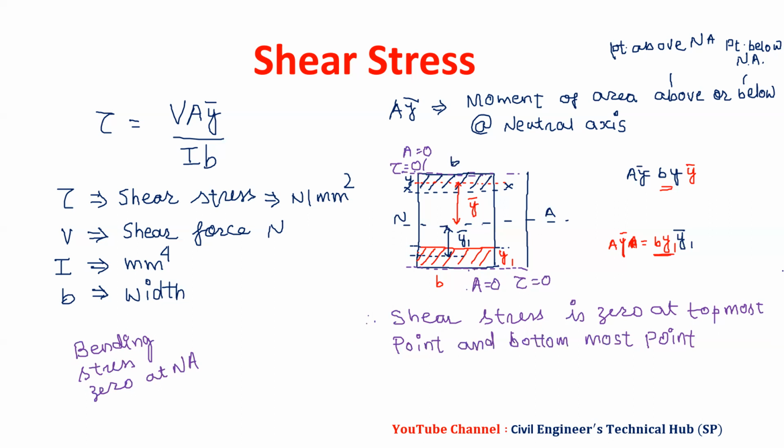Then where do we have the maximum? If I consider the neutral axis point, and draw the diagram on this side, this is the neutral axis.